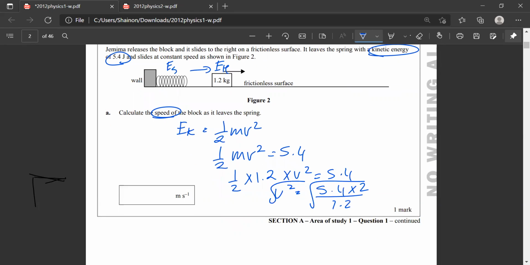So then V should equal 3 meters per second.